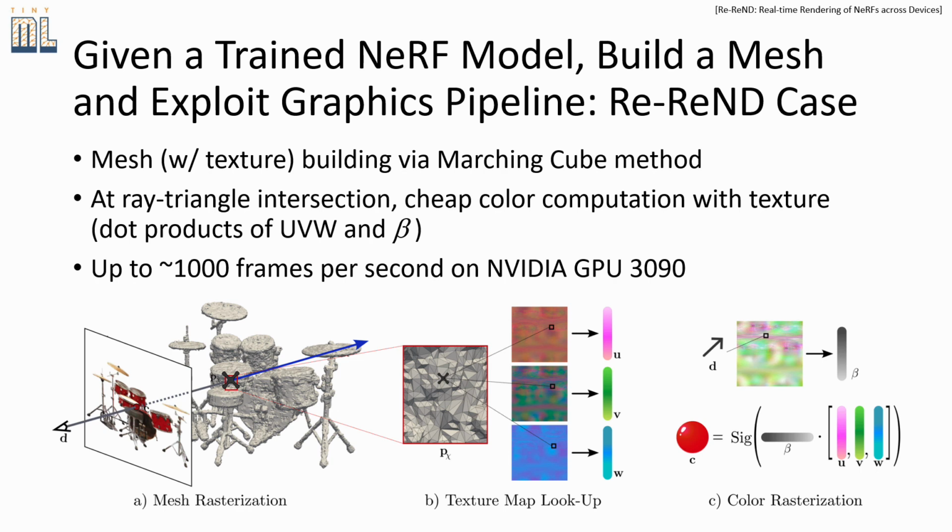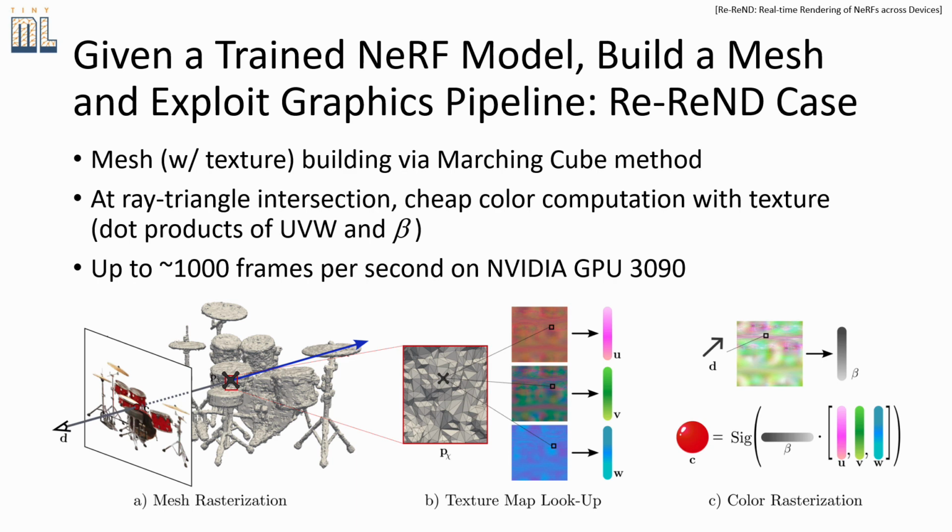So here you see the intersection point, the ray and mesh intersection point. If you obtain that 3D coordinates, you can look up the texture to obtain 3 vectors. And you can also look up another texture using the angle. So now I have 4 vectors. The remaining step is very simple. You have 3 vector dot operations. As a result, you can obtain RGB color.